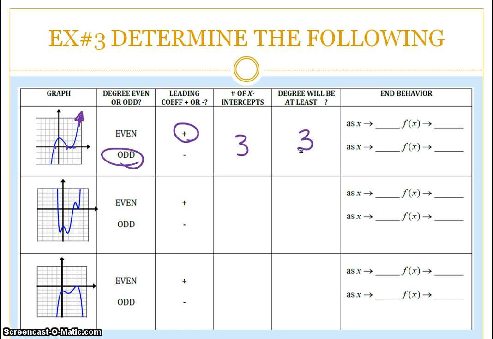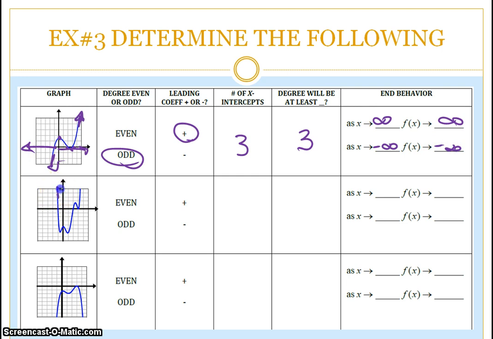You can also look at the turning points, and there are 1, 2 turning points, so you know that the degree has to be at least 1 more than the number of turning points. Looking at the end behavior, one of these is positive infinity, the other one is negative infinity. So as x approaches positive infinity, the function is positive. As x approaches negative infinity, the function approaches negative infinity.